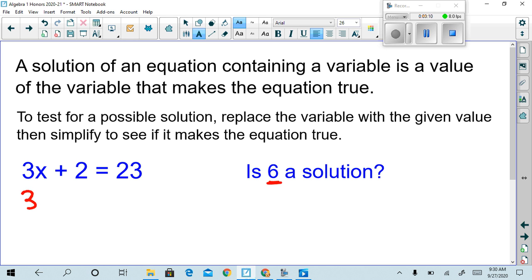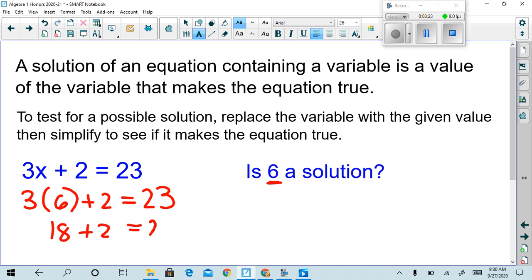And this I will get 3 times 6 plus 2, and I want to see if that works out to be 23. Well, I have 18 plus 2, and I'm still wondering if that equals 23. Well, 20 does not equal 23, so I would make the statement that 6 is not a solution.